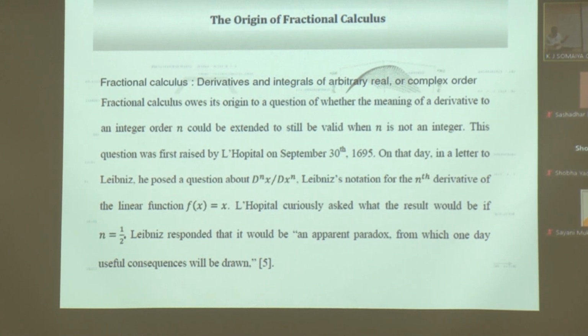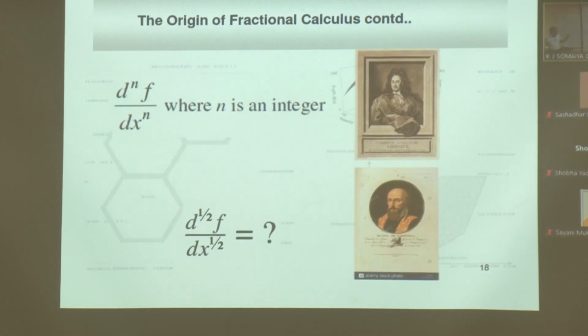Of course, Leibniz was unable to answer that question at that time, and he said it's an apparent paradox, because he didn't have any mathematical answer for that. L'Hôpital asked him what will happen when n is equal to half.